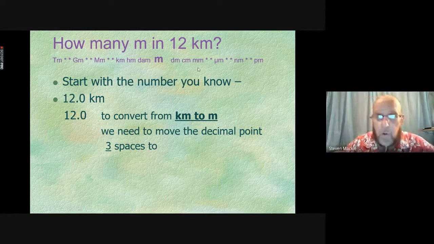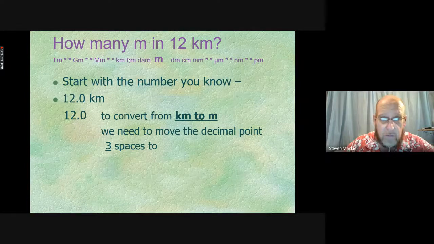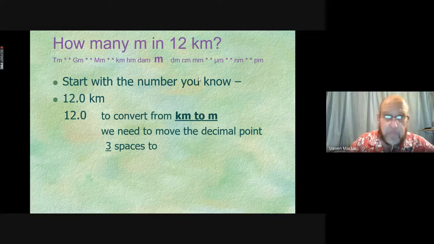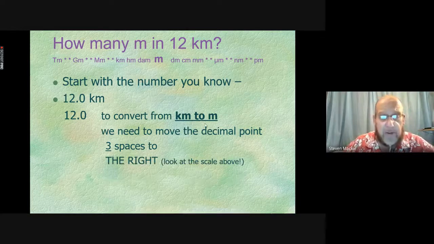If I wanted to convert from millimeters to kilometers, knowing how many millimeters I have, I'd hop the decimal place 1, 2, 3, 4, 5, 6 spaces, going from here to here, to the left. But in this case, I have to move the decimal place 3 spaces to the right.